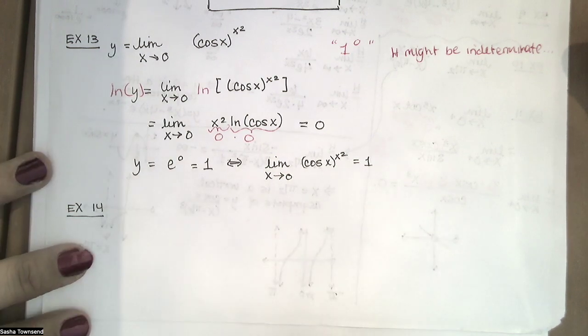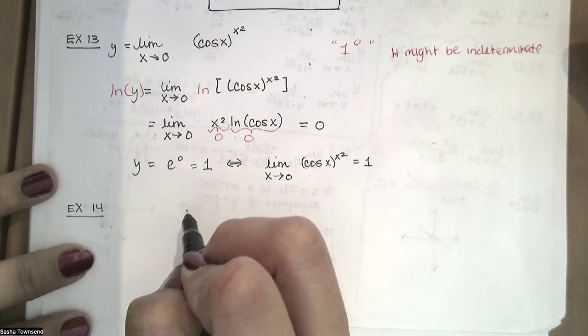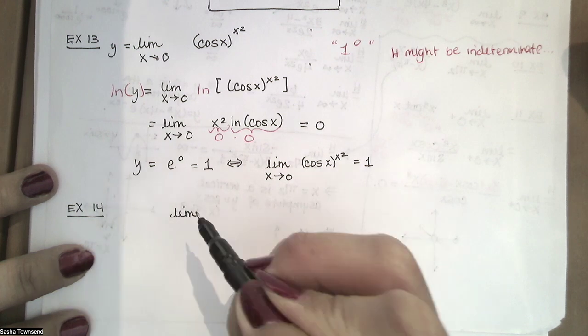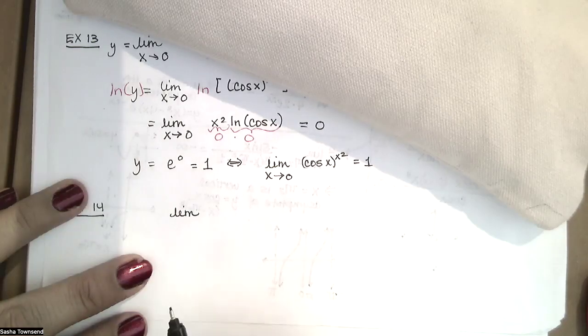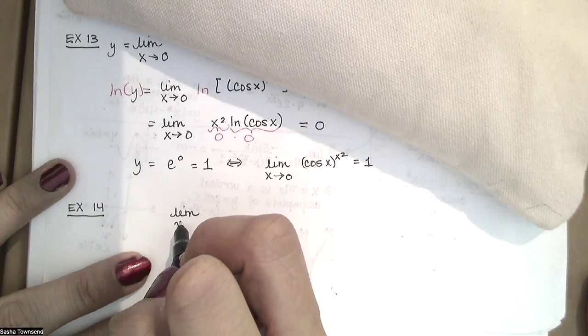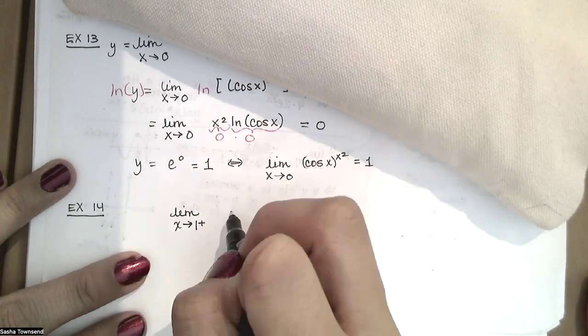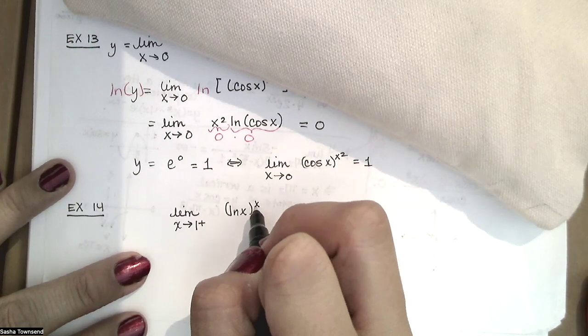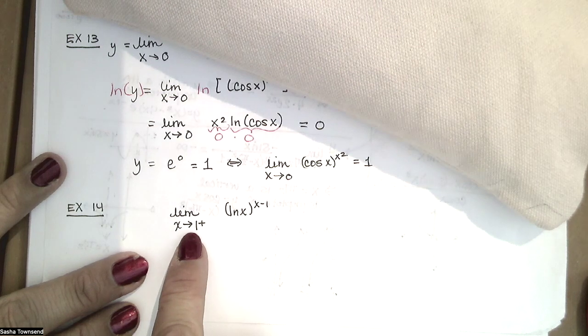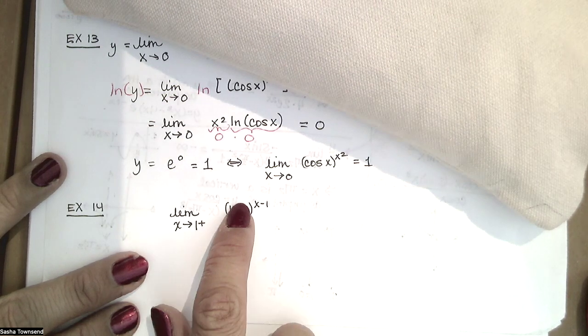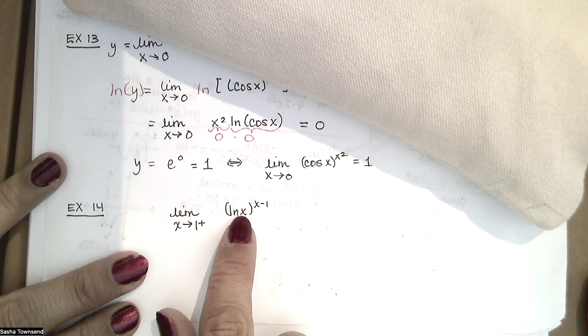Trying to think of one where we've got a 0 to the 0. Let's take the limit as x approaches 1 from the right of natural log of x raised to the x minus 1. This is actually from the textbook. As x approaches 1, natural log of the base approaches natural log of 1, which is 0.